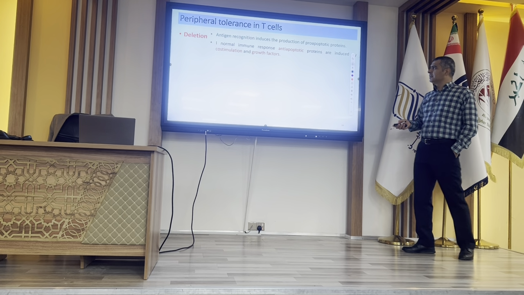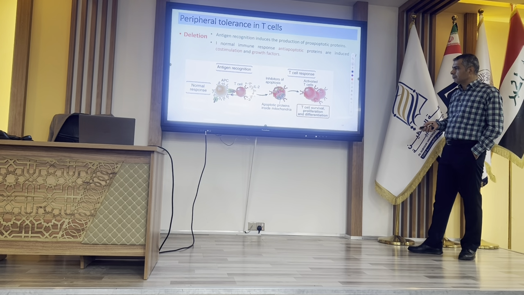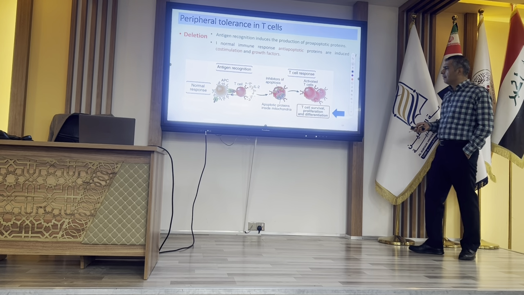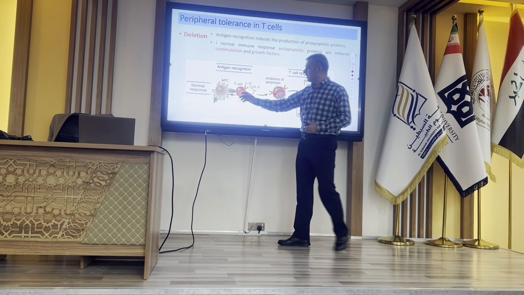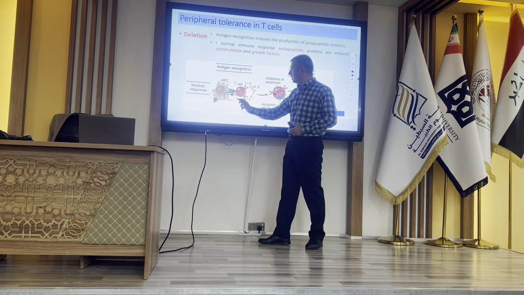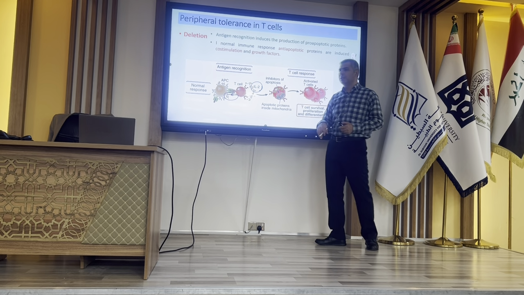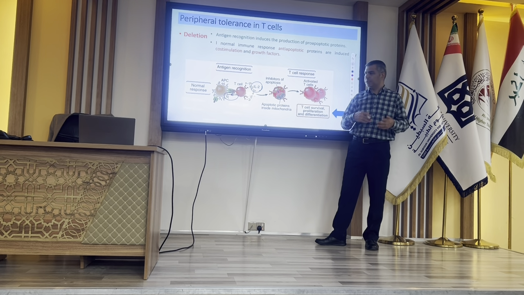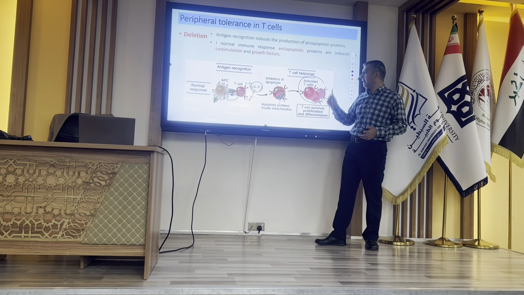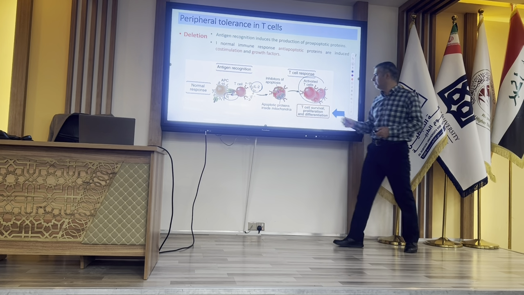Another mechanism is deletion. So, when we have antigen presentation, proper co-stimulation, and production of enough amount of interleukin-2 as a growth factor for clonal expansion, we will have a normal immune response.